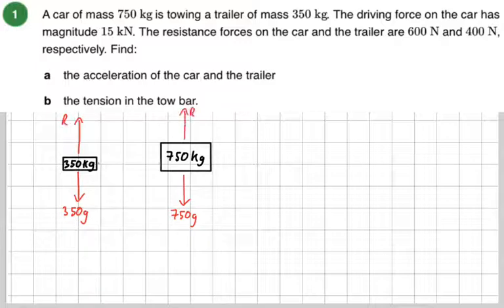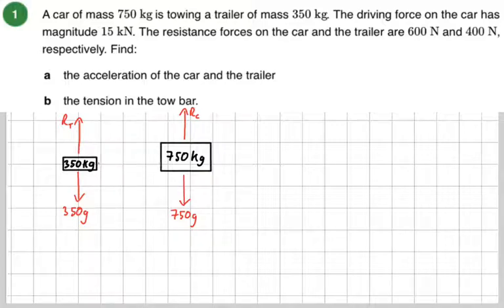And to stop those masses accelerating towards the centre of the Earth, we need some sort of reaction, and actually in this case, if we're being proper about things, they wouldn't both be R for normal reaction, because they'd be different. So maybe RT and RC for our trailer and our car. Now, as you'll see in a moment, we don't actually need the vertical forces in this case to solve this problem, so we'll ignore those in a moment.